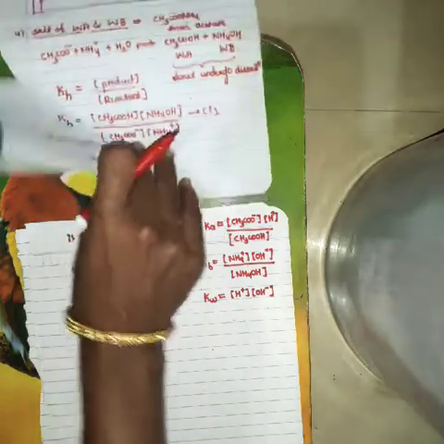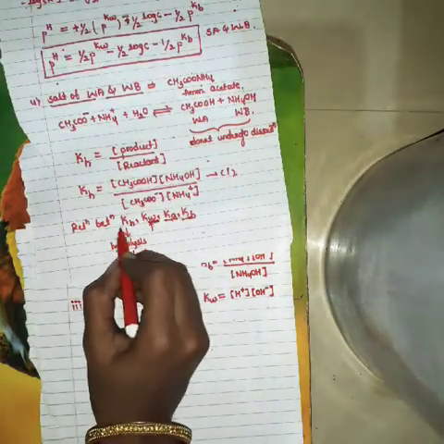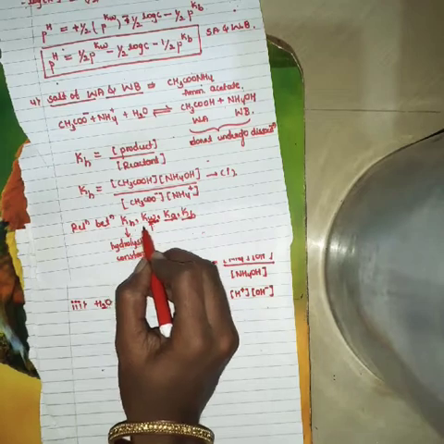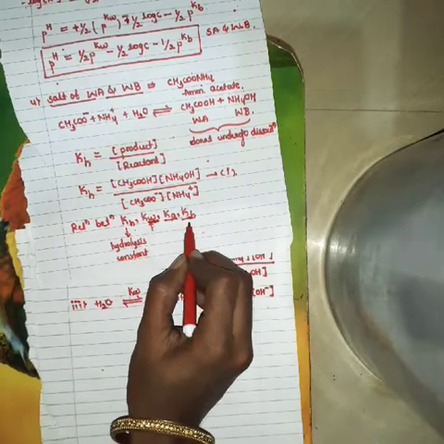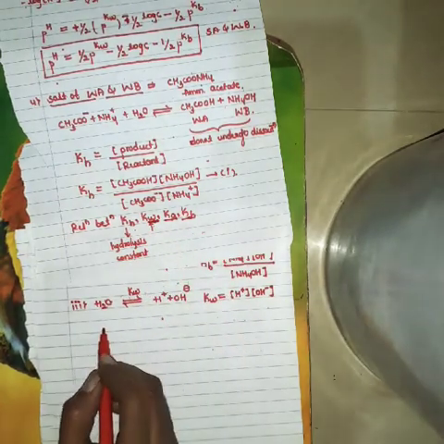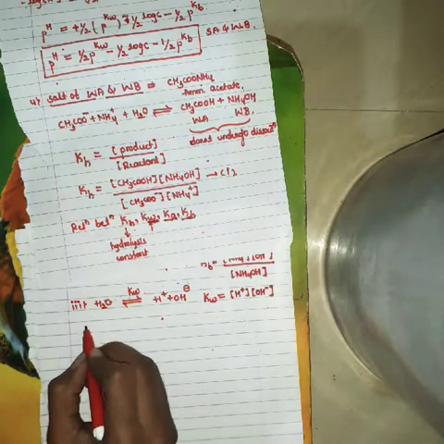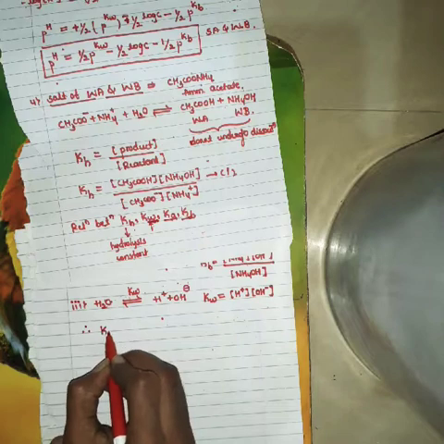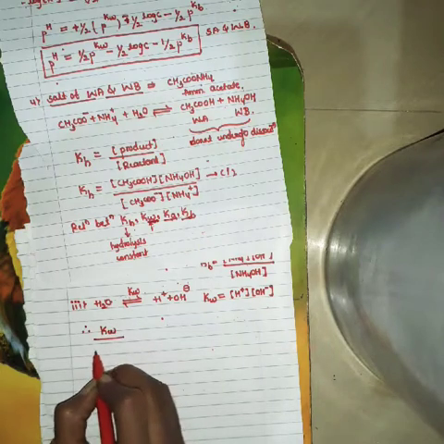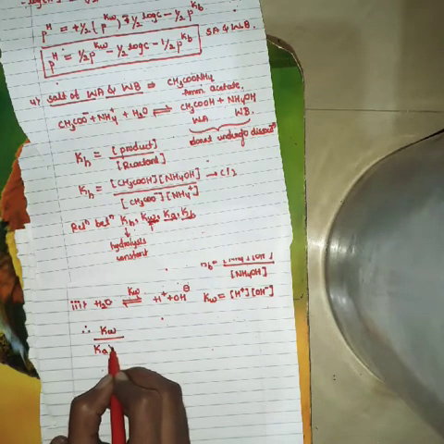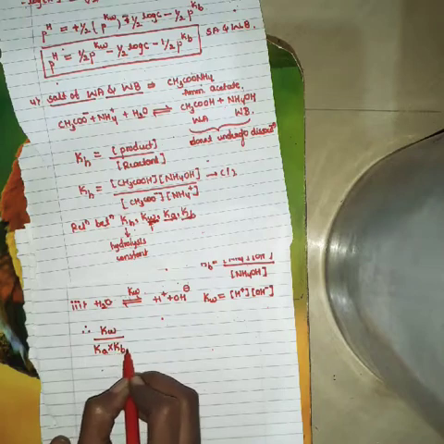For getting the relationship between KH, Kw, Ka and Kb, we have to calculate the equilibrium constants.